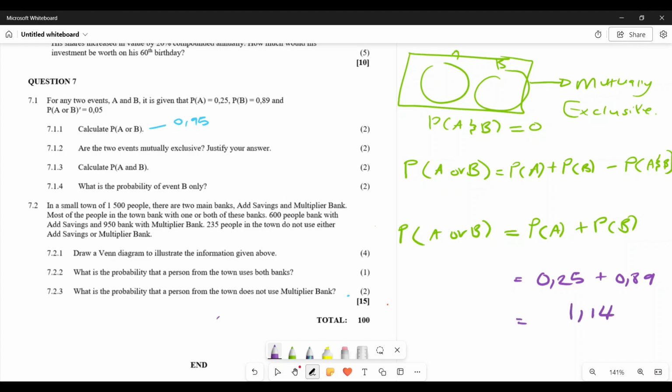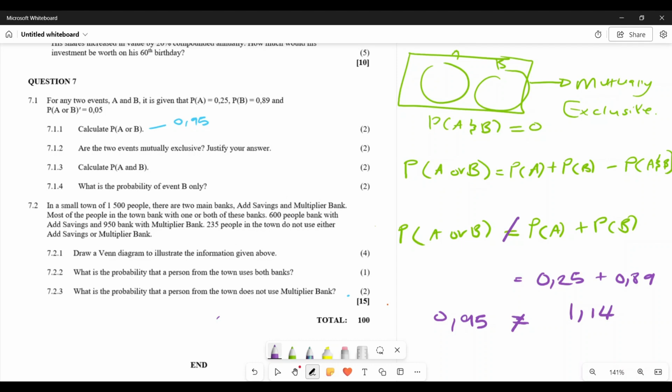Can you see that this 1.14 is not equal to our probability of A or B, which is 0.95? Therefore, these two events are not mutually exclusive, meaning they are mutually inclusive. So to answer this question, you would say the two events are not mutually exclusive. Why is that? It is because the probability of A or B is not equal to the probability of A added to the probability of B.